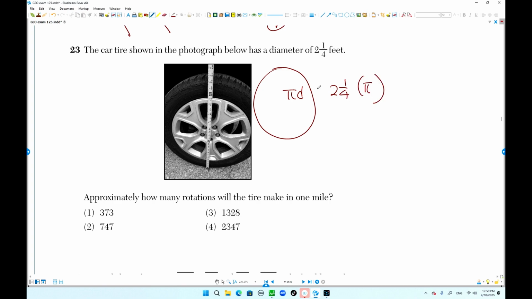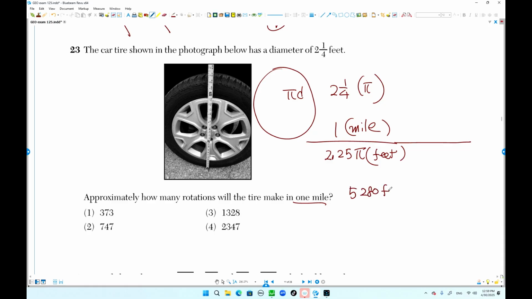That is what? Circumference. To travel this one, how much? 1 mile. This is 1 mile. This one is what? 2.25 times pi and the feet. You know that 1 mile is how many feet? 5280 feet. That is equal to 1 mile, isn't it?